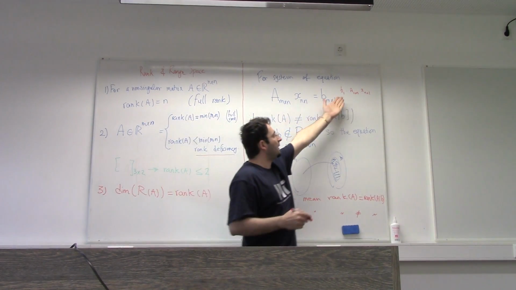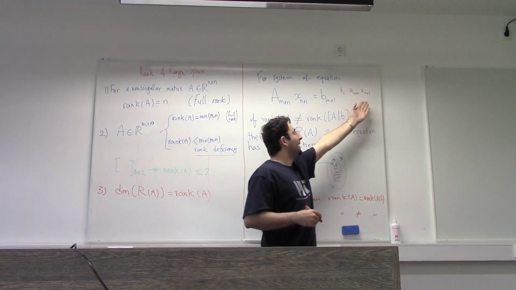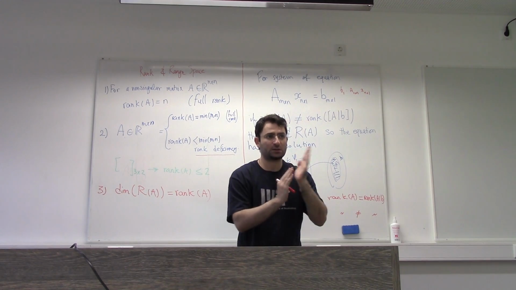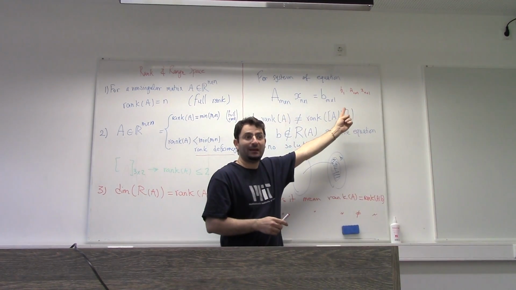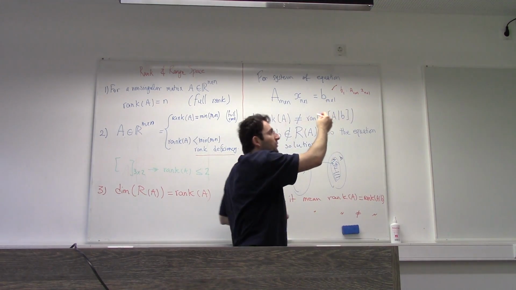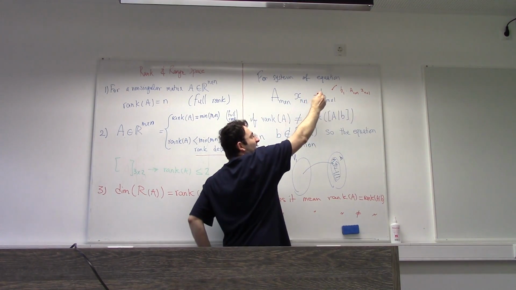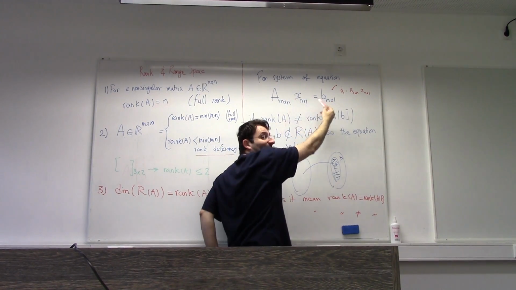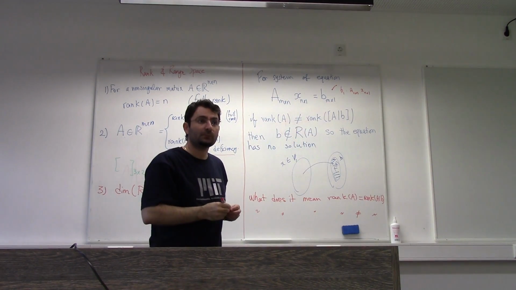Because the A's are fixed and the x's are the coefficients. So we are using these coefficients, combining all of them, and we get b. And then it means that we have a solution, right? If this is true, it means that we are combining all these columns in order to get b, right?